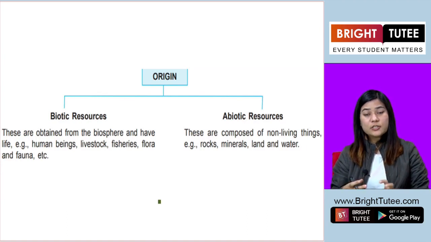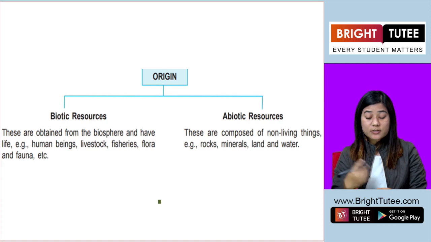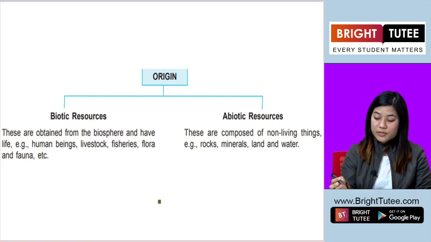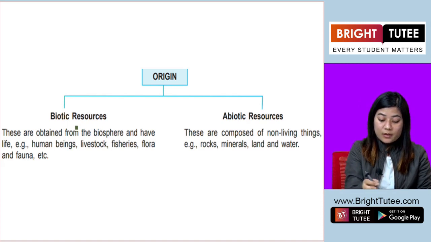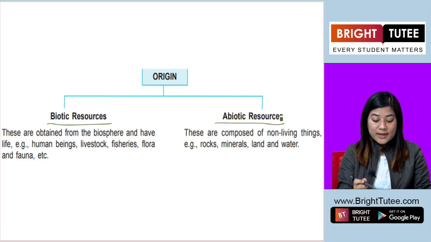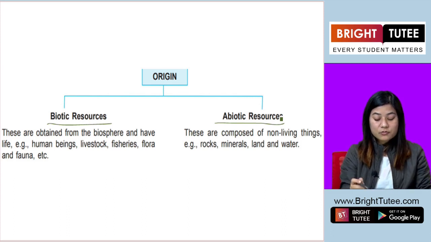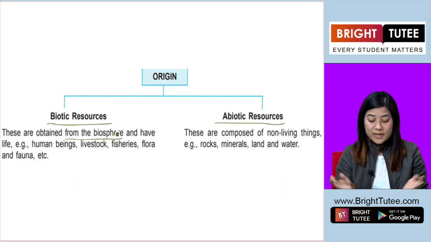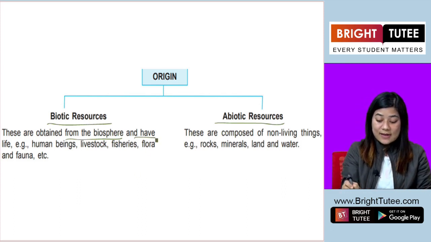Now, according to how or where they originated, resources can also be categorized. According to the origin, we have biotic resources and abiotic resources. Biotic resources are those available from the biosphere, from the environment, and have life.